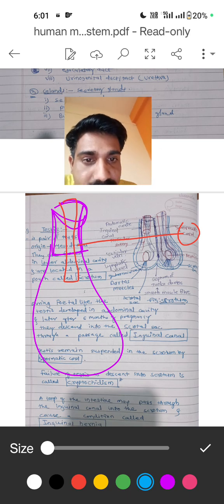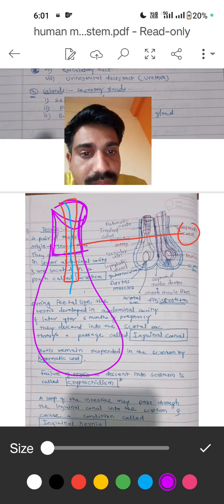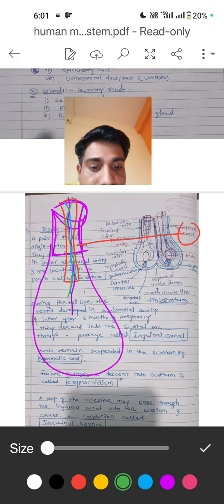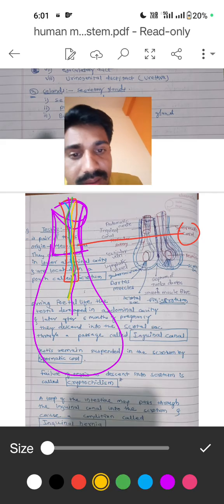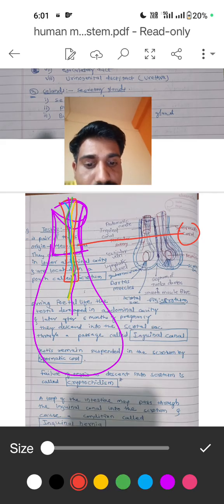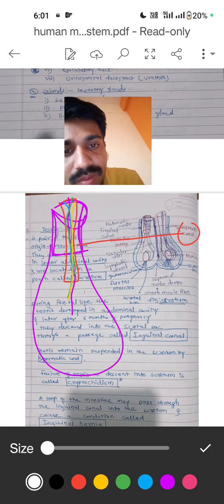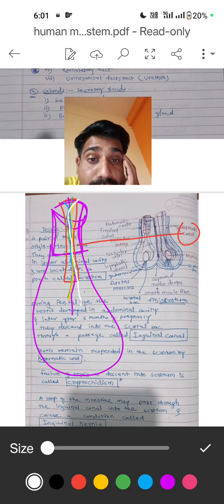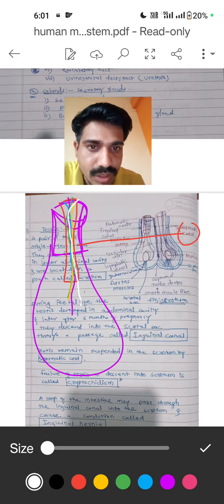The first one is the autonomic nerve. The second is the testicular artery, then the testicular vein, then the lymphatic vessel, and then the vas deferens. There are five structures passing through the spermatic cord.